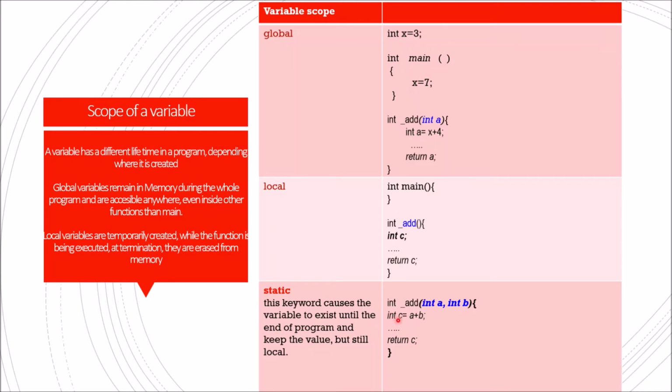For instance, if I need this local variable in C, because it's inside this function, to remain upon function termination, I will use the word static in C. Then it will allow me to write this variable not in that temporary block of memory, but it's going to be stored in the same block of memory of the global variables.